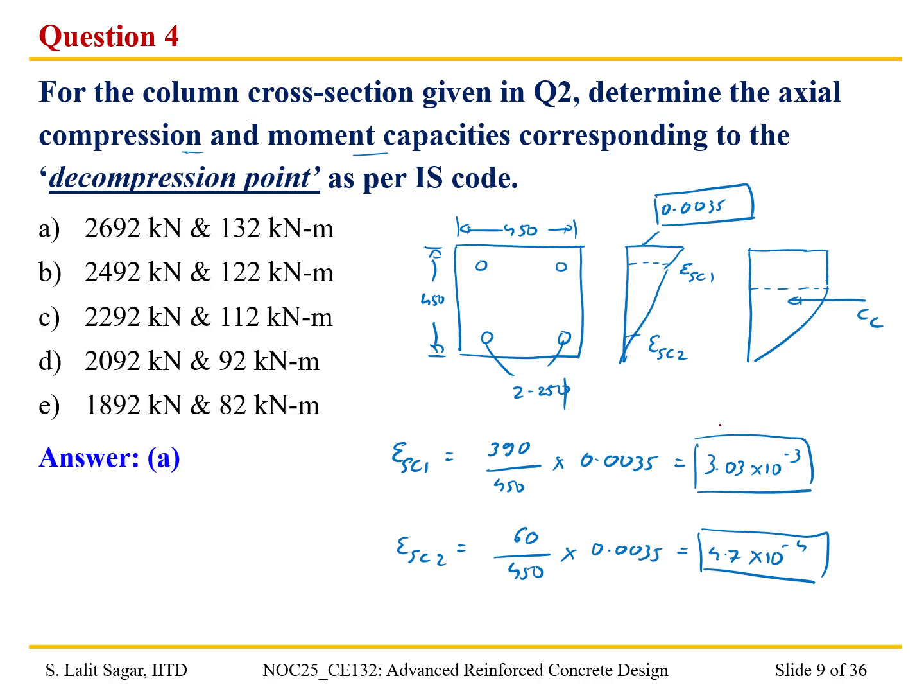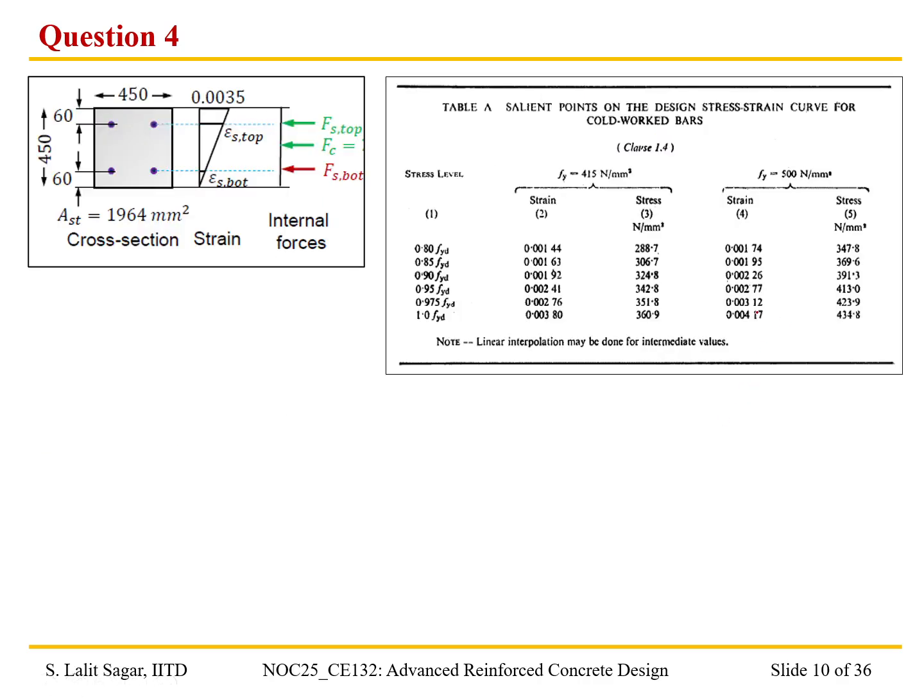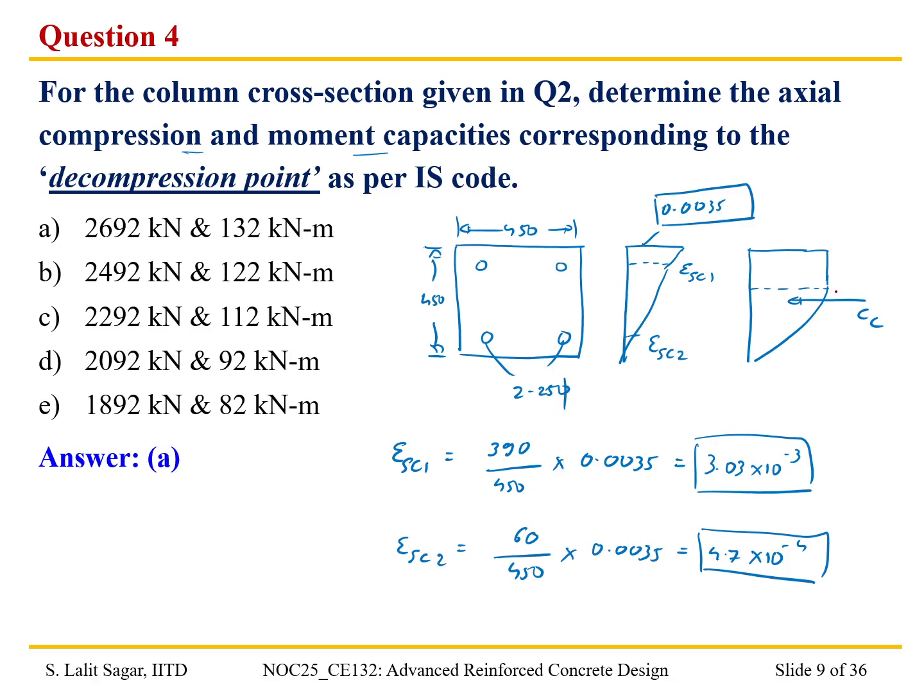For 0.00303, it lies between these two values, 413 and 423, and I got a value of 421.1 MPa.